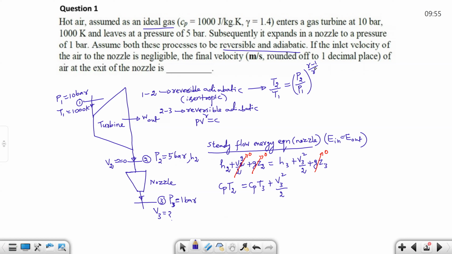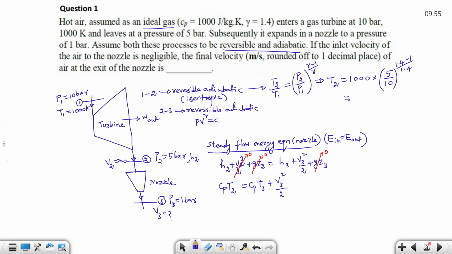So T2 is equal to T1, which is 1000 Kelvin, into P2 by P1 (5 bar by 10 bar, since it is a ratio of pressures you can substitute in bar itself), to the power 1.4 minus 1 by 1.4.